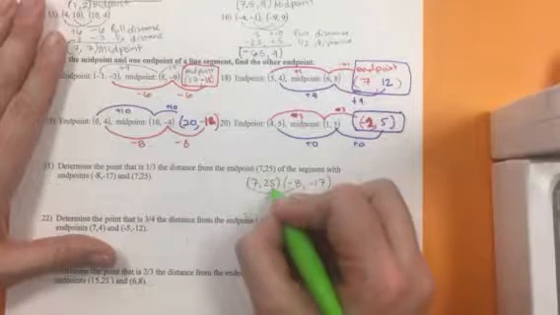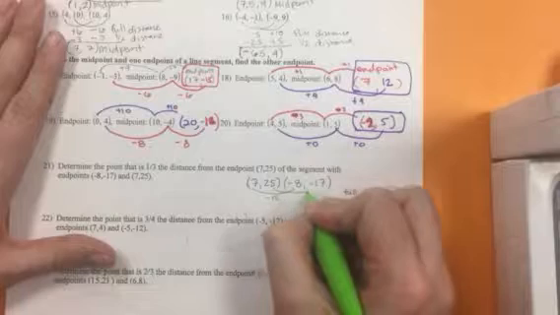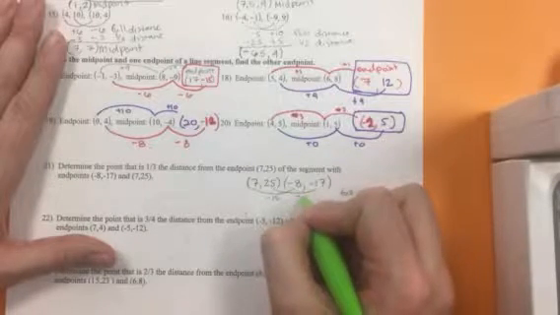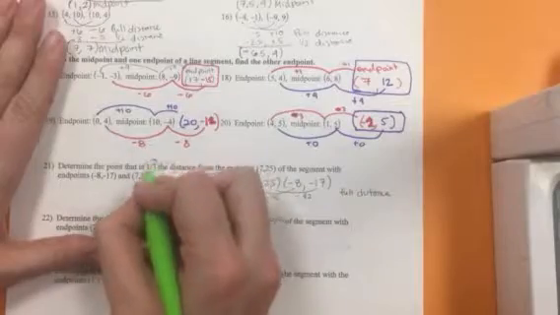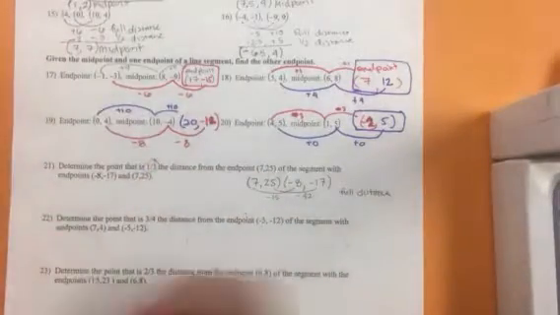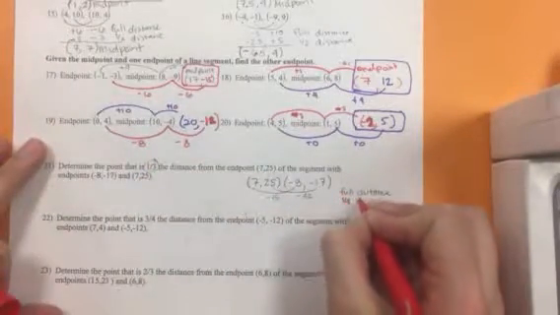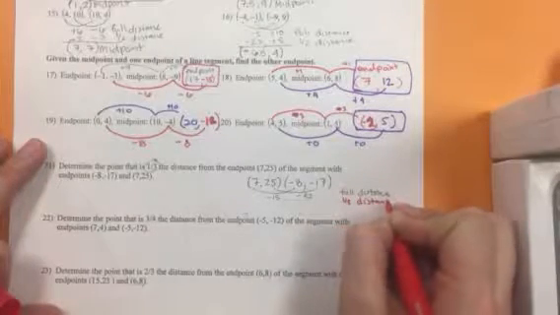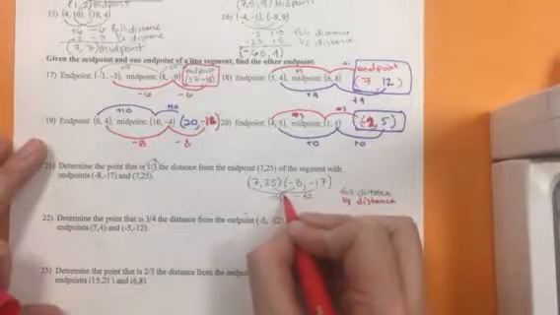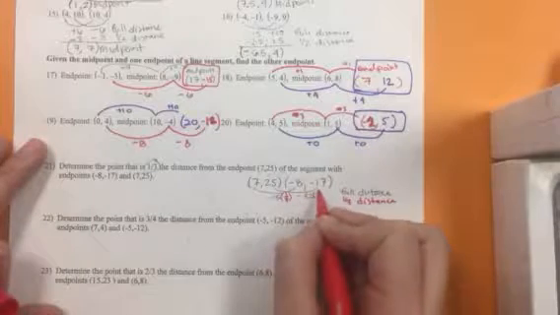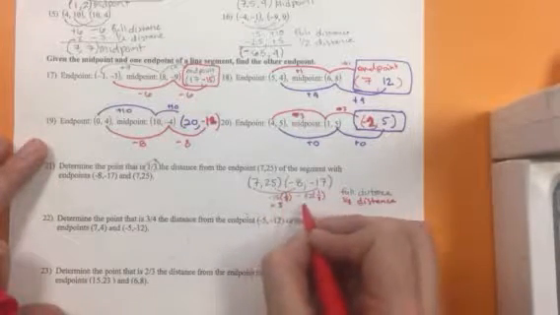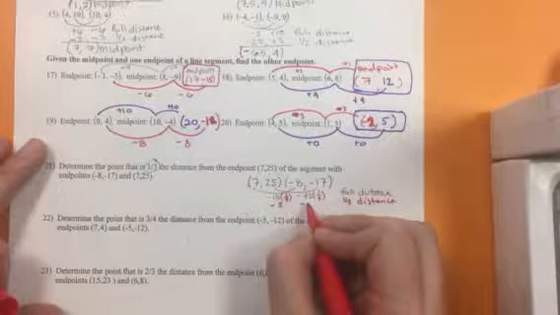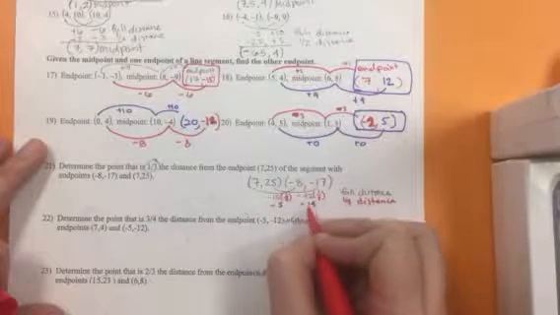And from 25 to -17, I am subtracting 42. But I only want 1/3 of the distance this time. That means both of these I'm going to multiply by 1/3, which gives me a -5 and a negative 14.